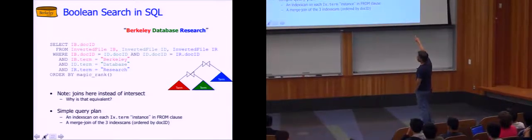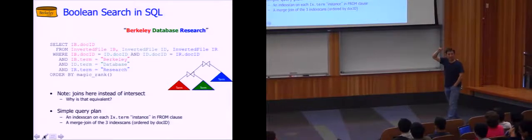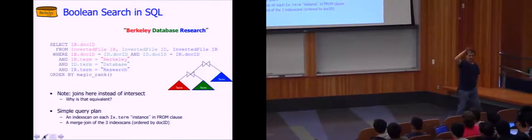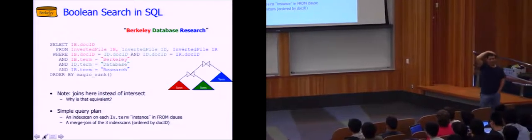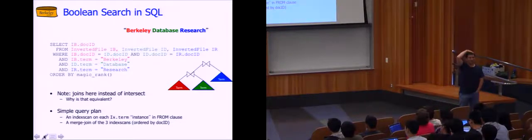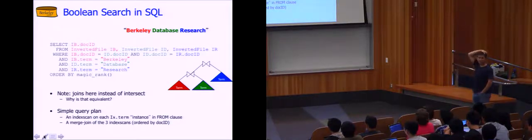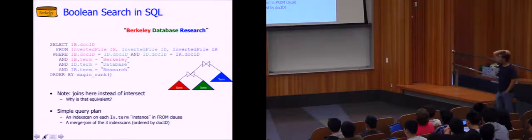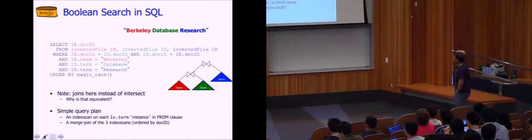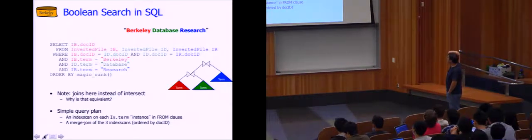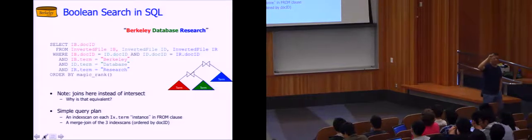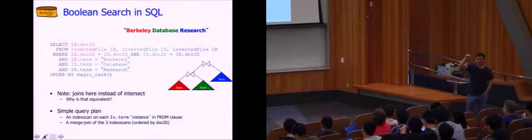I wrote this as joins instead of intersections. Why is that okay? In general, joins are not the same as intersections. Well, each doc ID will appear in each postings list at most once. We're not going to put a doc ID in a postings list twice.